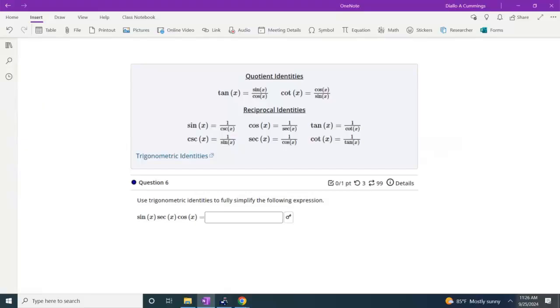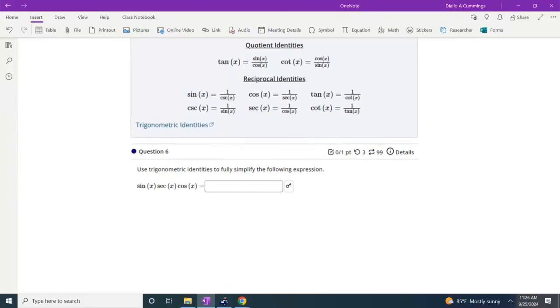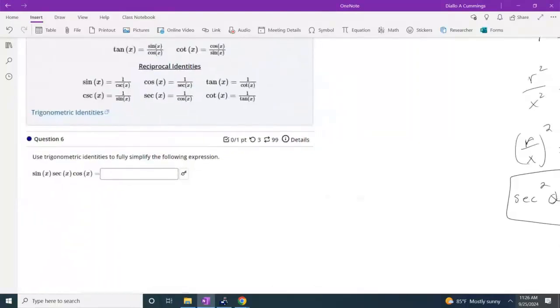So whenever you're asked to simplify an expression, here are a couple of strategies you could use. These are strategies to simplify trig expressions.